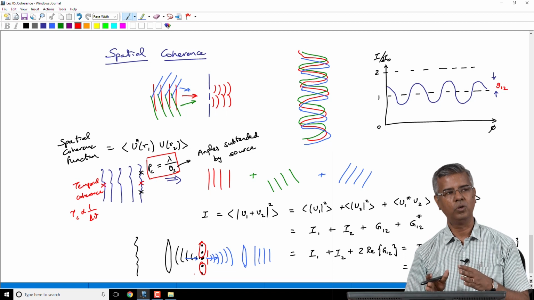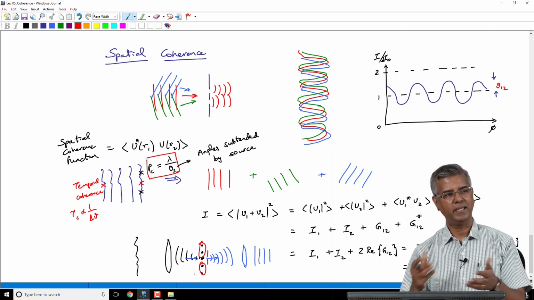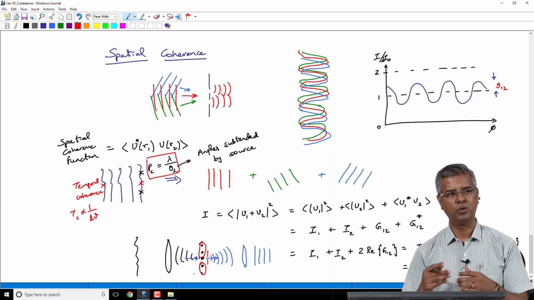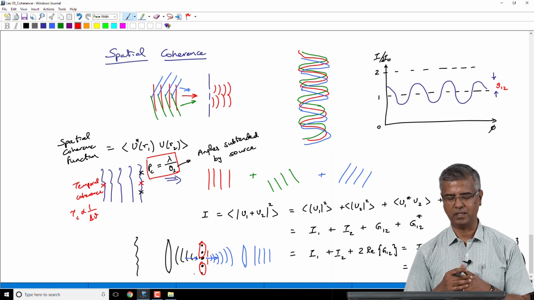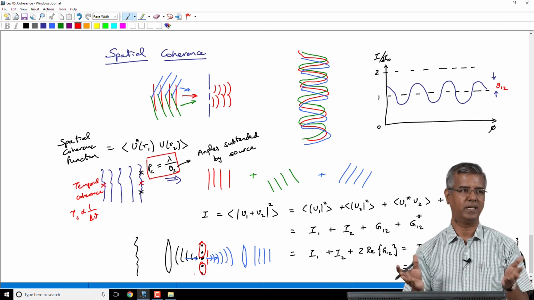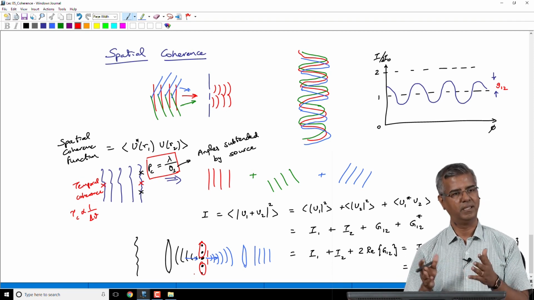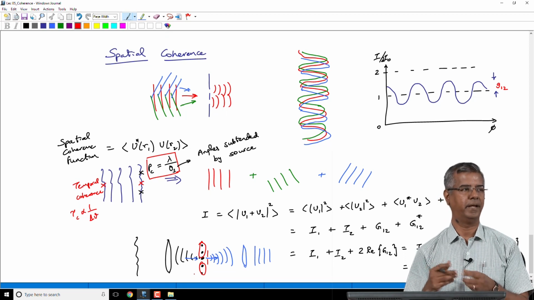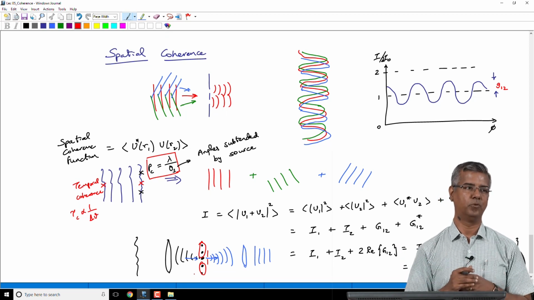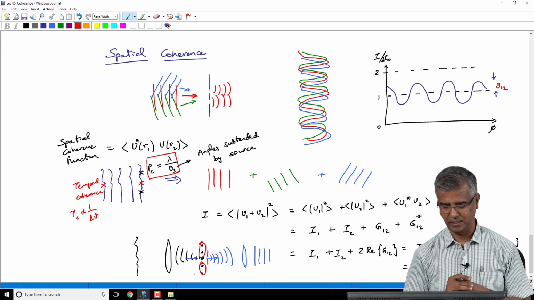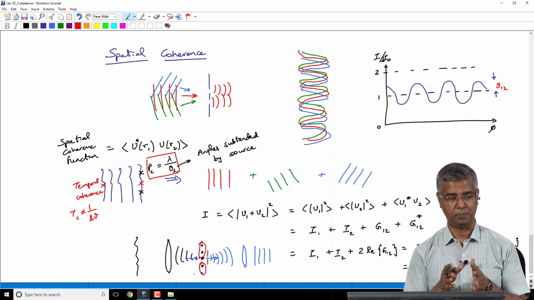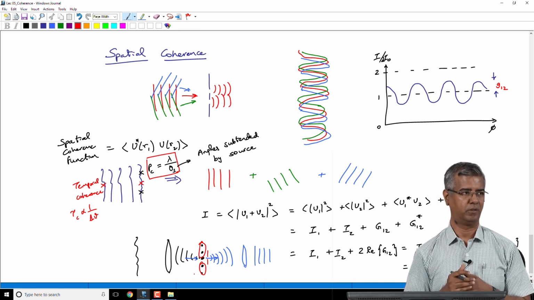If somebody tells you it's not spatially coherent, then you say, okay, what is the angle subtended by this, and I can find a way. I can put a spatial filter, I can improve spatial coherence, or I can put a spectral filter, I can improve the temporal coherence.